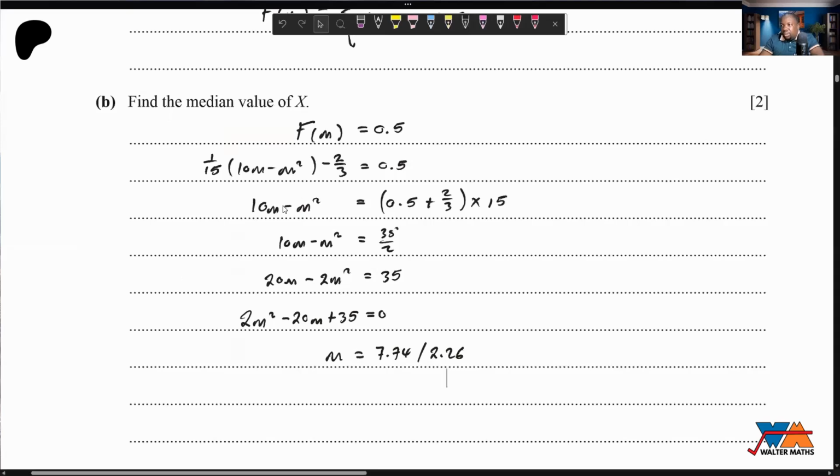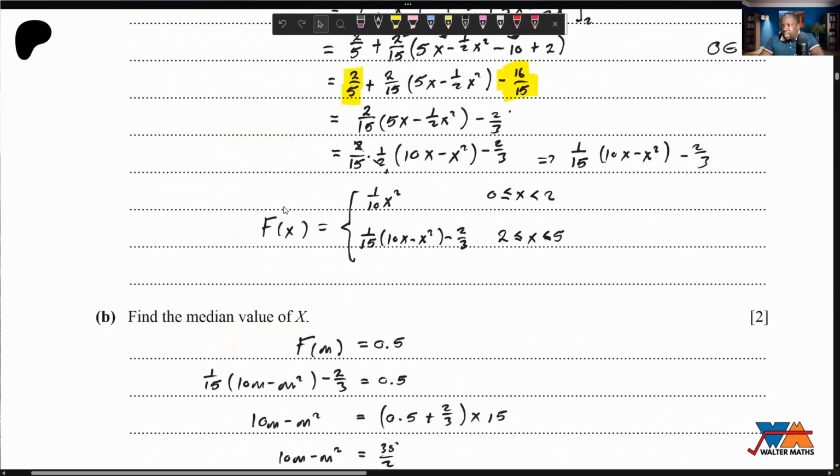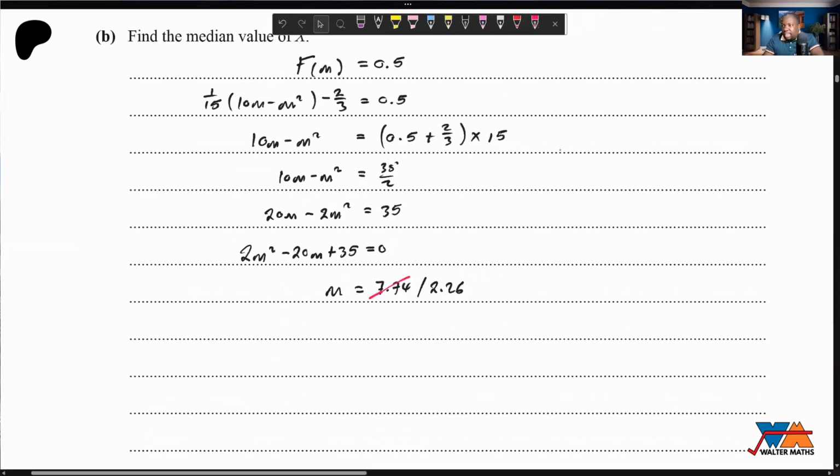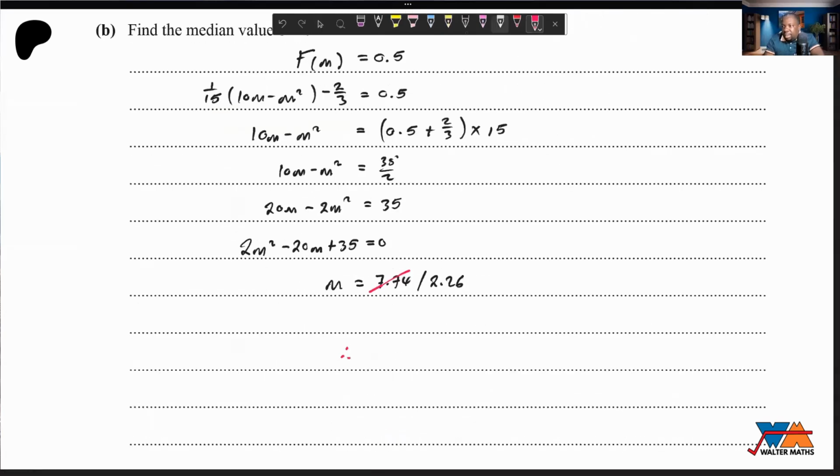Okay, for these two values, we're going to reject the 7.74 because it's way out of the range of values we are working with. So we'll therefore say that the median is 2.26. So that's how we do it here.